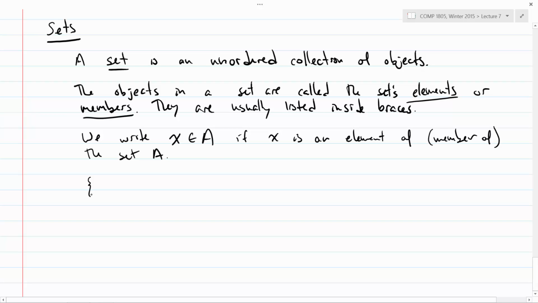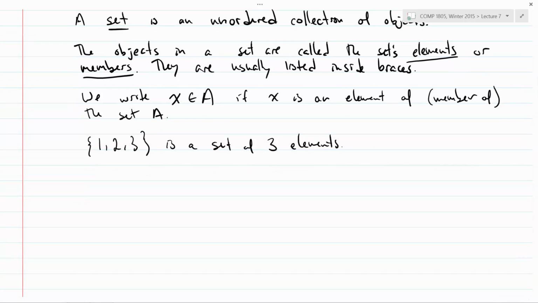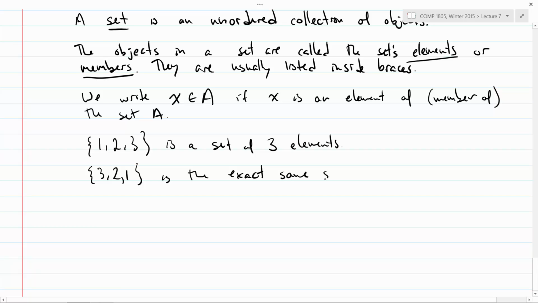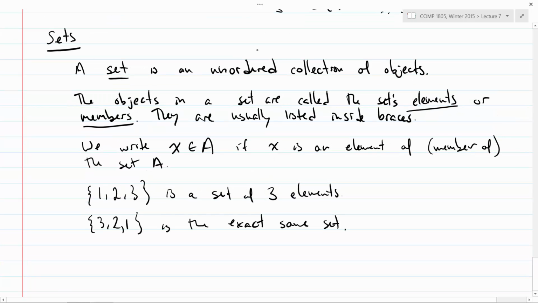We have an example of a set, and let's say it's {1, 2, 3}. This is a set, and it has 3 elements. They happen to all be integers, but that doesn't matter. It's exactly the same as the set {3, 2, 1}. There is no difference between those two sets because sets are unordered, as we saw up here.